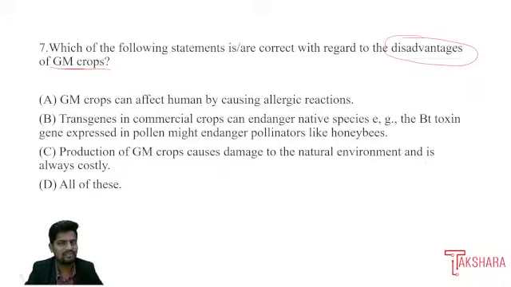The process of producing genetically modified organisms is a very costly procedure. Okay, regarding question seven, all of them are disadvantages, so option D will be the correct one for question number 7.